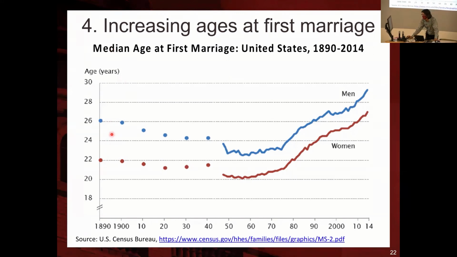So this 26 here means that 50% of the men back in 1890 got married older than 26 and 50% younger than 26. So that's not the average, that's not the mean, it's the median. The median is that number that separates 50% of the people above the median and 50% below the median.